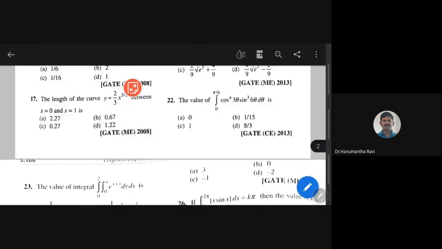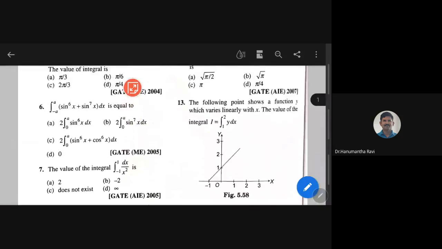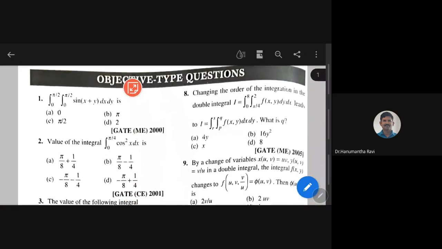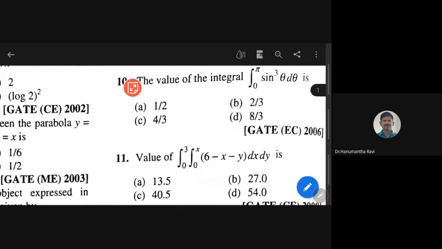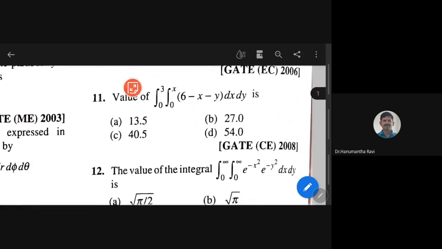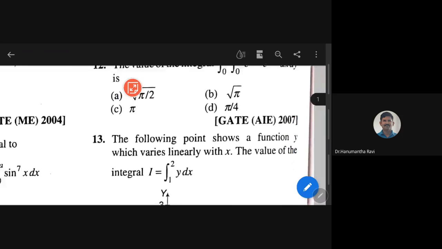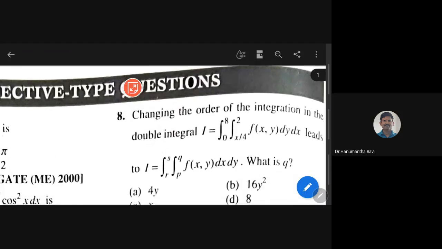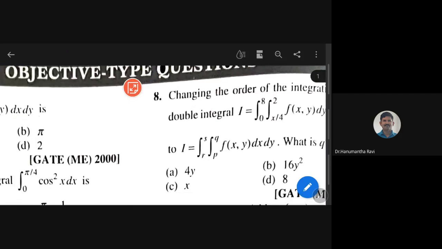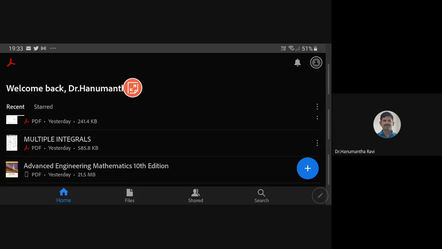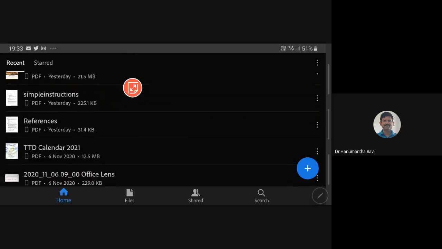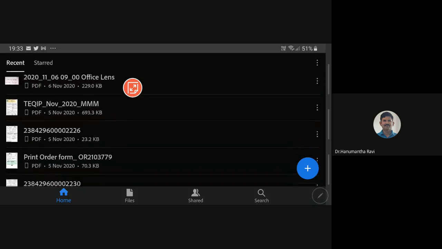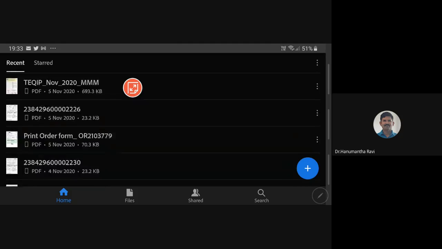So we are doing some problems here. No, changing order is not the thing we want. We want Green's theorem, multiple integrals.